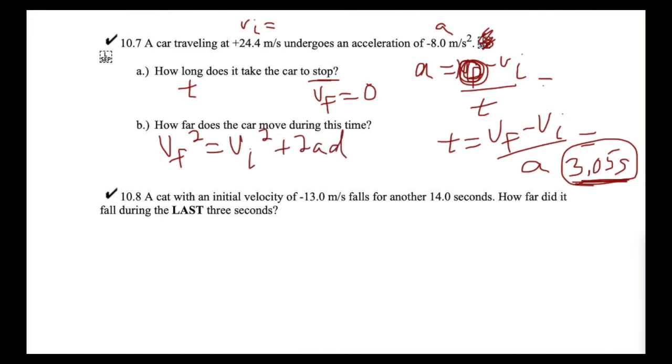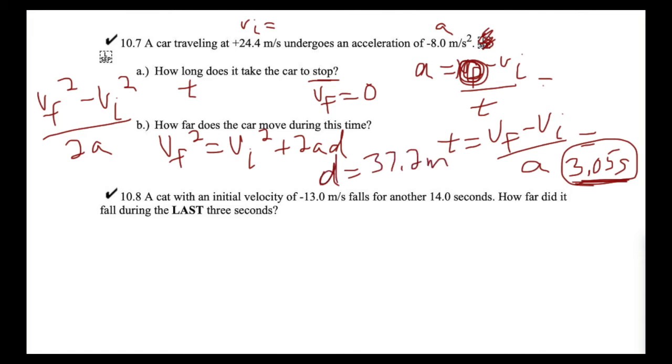I'm solving for D. So that would be Vf squared minus Vi squared all over 2A to solve for my D. I have everything I need there. My final velocity squared is 0 minus my 24.4 squared, all over 2 times the -8, and that should give me a D of about 37.2 meters.